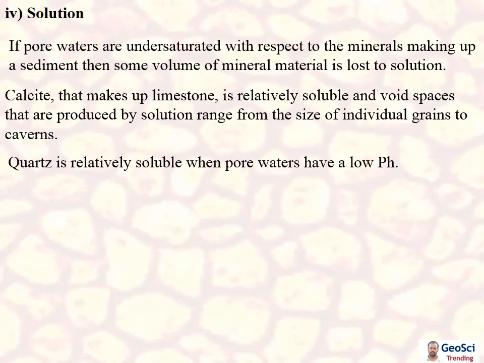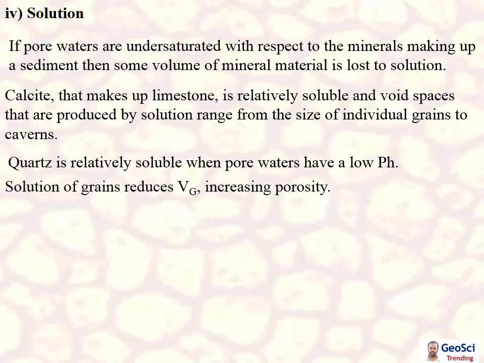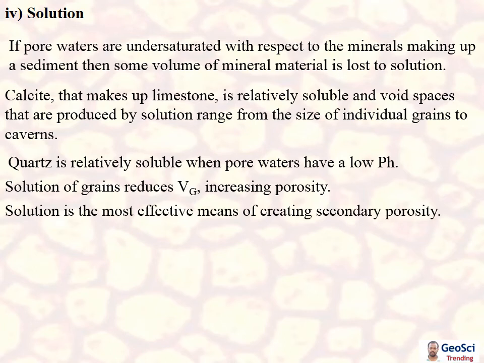Also, quartz is relatively soluble when pore water has low pH. The solution of grains reduces Vg, which also increases porosity. Solution is the most effective means of creating secondary porosity.